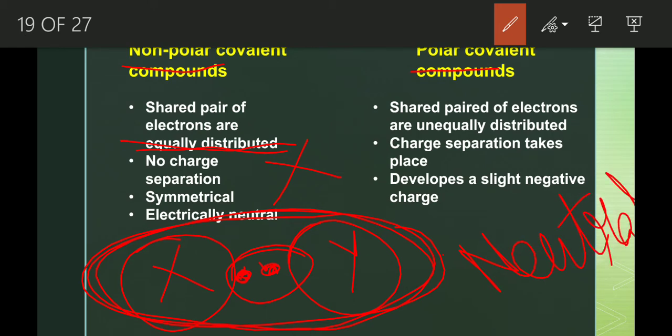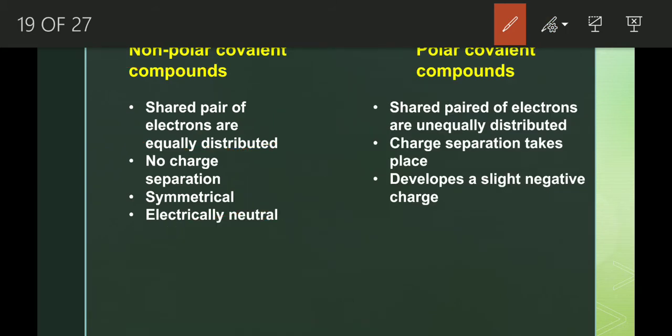As there is no charge separation, the compound is electrically neutral, as the shared pair of electrons is equally distributed. Clear? Examples of these non-polar covalent compounds are hydrogen and chlorine. I will discuss these compounds in detail later on, in this particular video only.